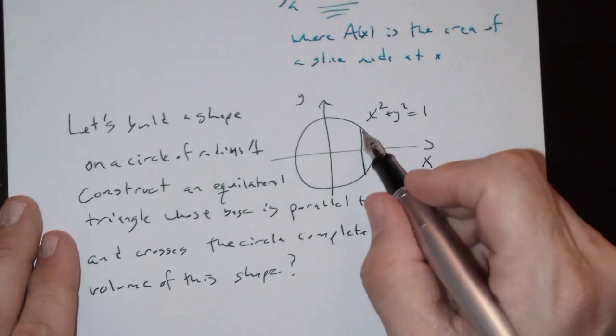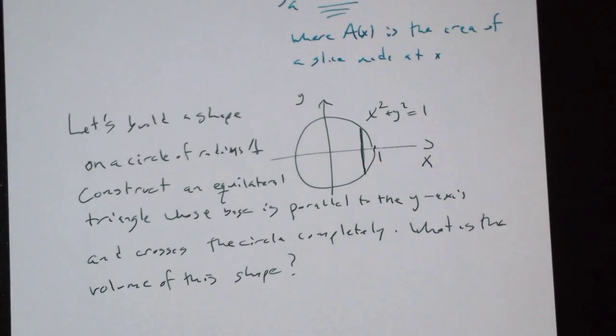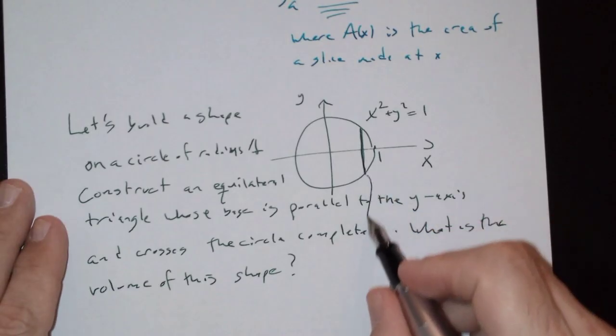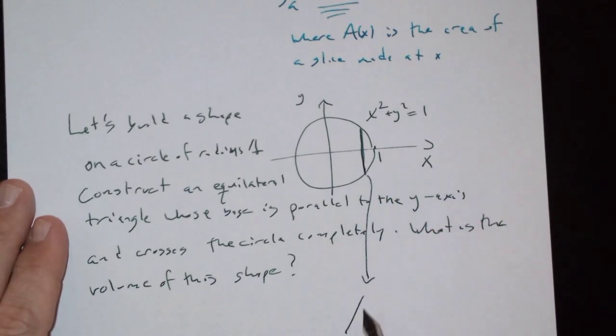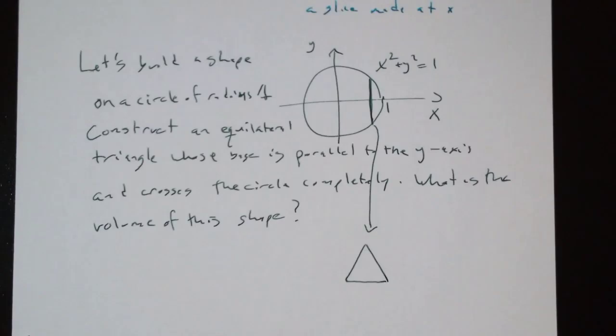All right. So I think of a slice being made. And that slice, when I pull it out, is going to be an equilateral triangle. Two questions.